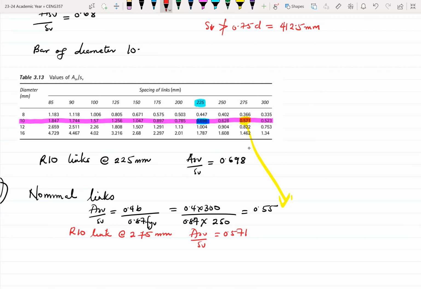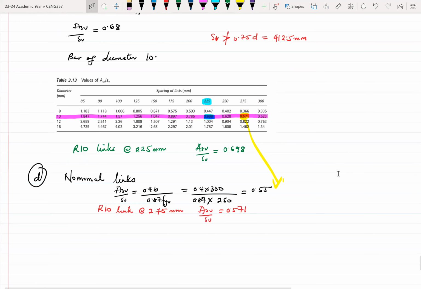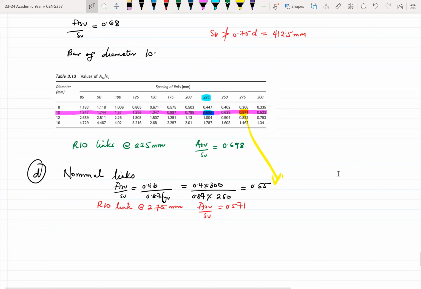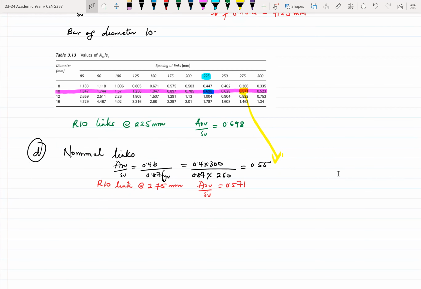Okay, so this is for the nominal links. Again, where does a nominal link start from and where does it end? We have to do a bit of calculations here and there to understand how that goes.